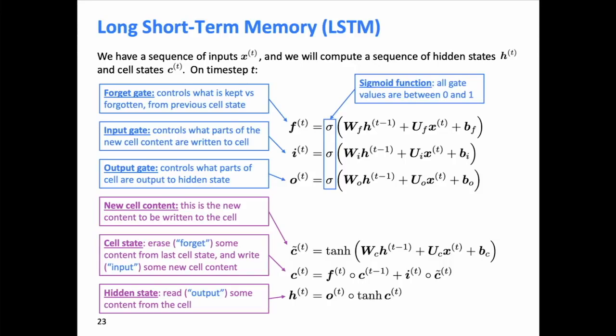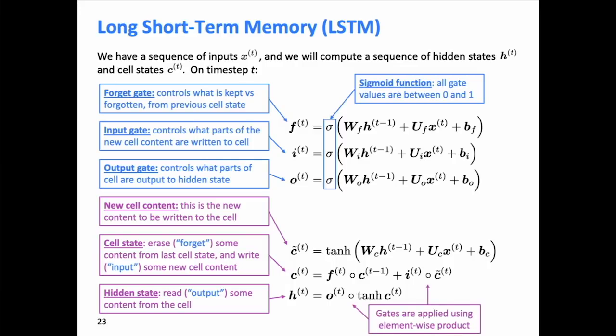So in LSTMs, we often think of the hidden states as being like the outputs of the RNN. And the reason for this is that you kind of view the cell states as being this kind of internal memory that's not generally accessible to the outside, but the hidden states are the parts that you're going to pass on to the next part of the model. So that's why we view it as kind of like the output of the model.